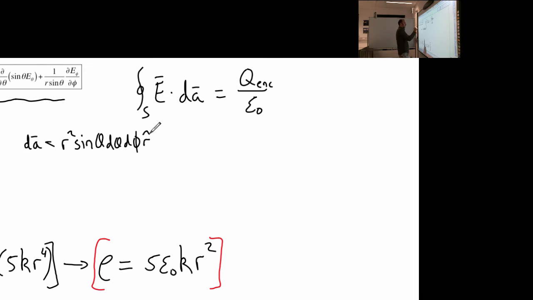Okay, so now what we get here is we can write our integral as integral between 0 and 2 pi for phi, between 0 and pi.